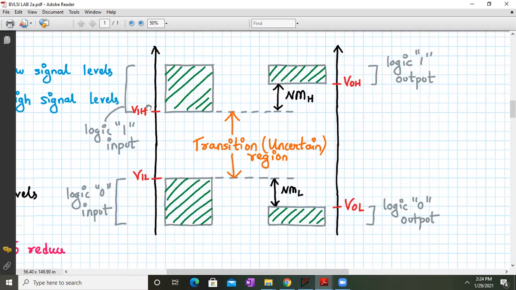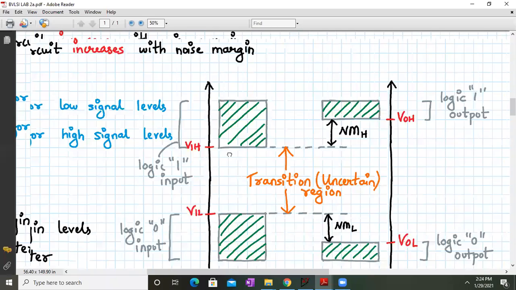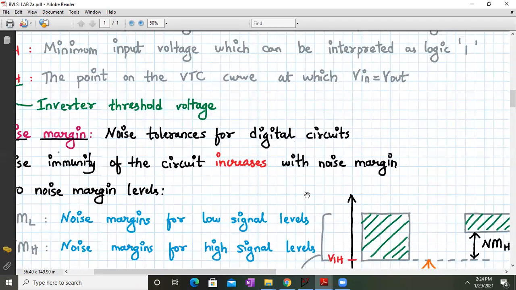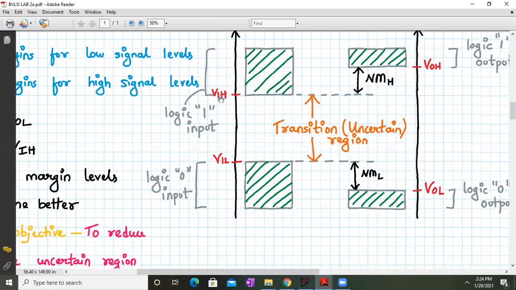Your VIH is also a range. VIH is the logic 1 input. So what was the definition of VIH? It is the minimum input voltage which can be interpreted as logic 1. Similarly, VIL is a range. It is the maximum input voltage which can be correctly interpreted as logic 0.